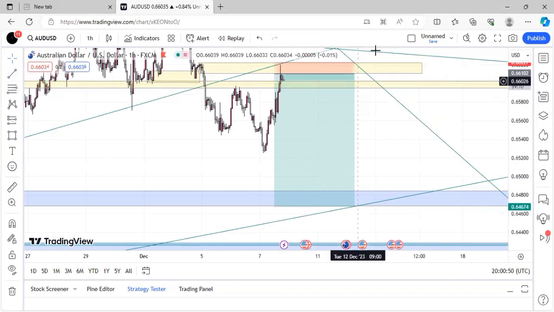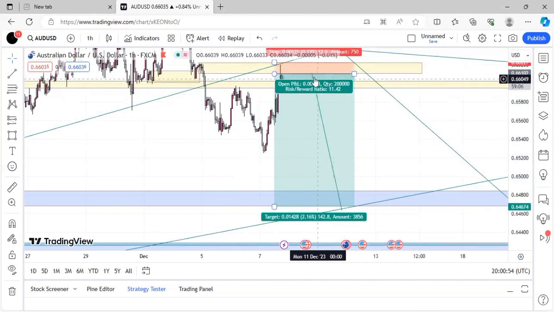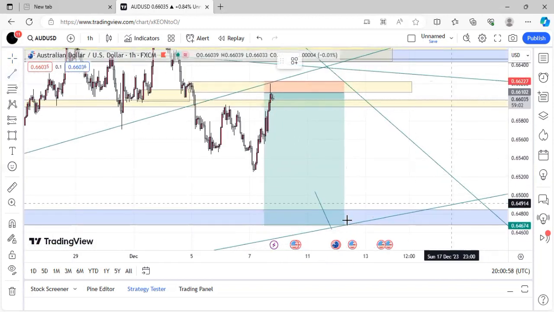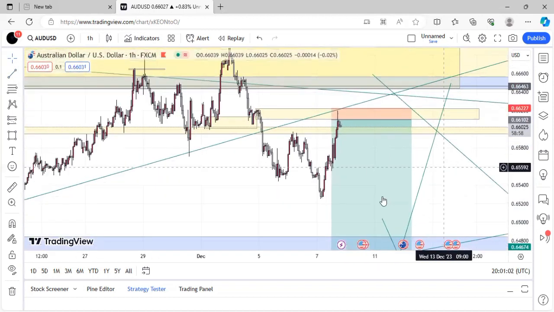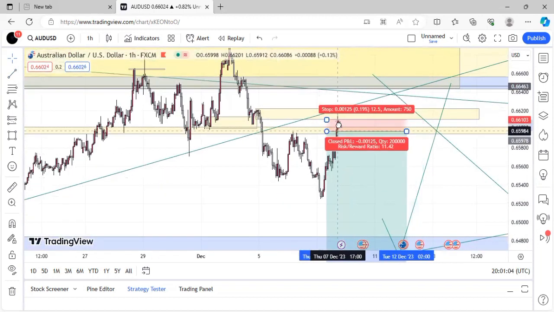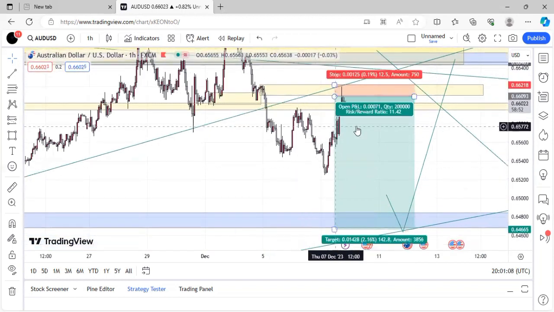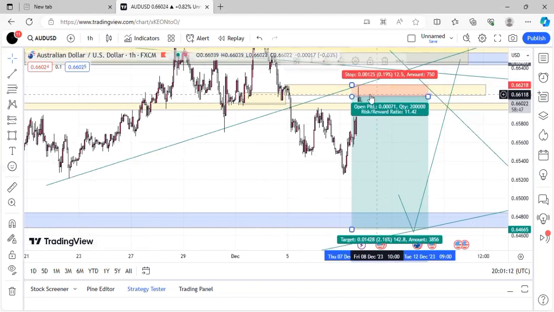So if we can see a good selling opportunity here, right, then I will now be looking for a long, right? I'll be looking for a long from 0.64. So I'll be looking for a long at 0.64, but I'm not too sure of the sell yet. It's a very good trade because right now I'm not in this trade yet, but I'm going to look for a very good opportunity.